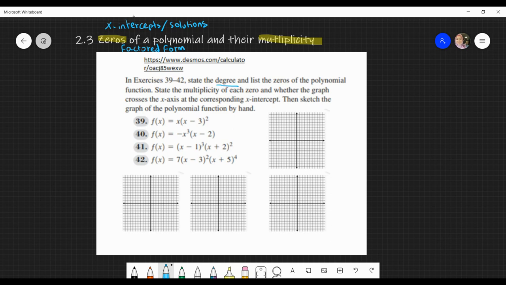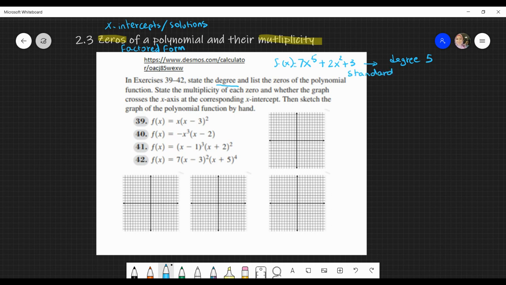Now, in the past, we worked with, for example, 7x to the power of 5 plus 2x squared plus 3. So the degree of this polynomial would be 5. And this is a standard form.